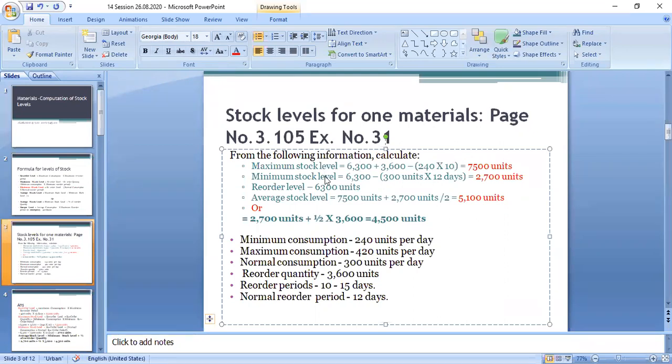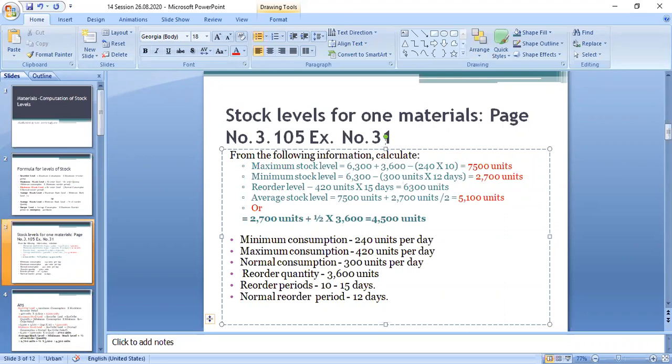Minimum stock level is reorder level minus normal consumption into normal reorder period. For the reorder level, maximum consumption, that is 420 units, into maximum reorder period, that is 15 days. If you multiply, you will get 6,300 units.